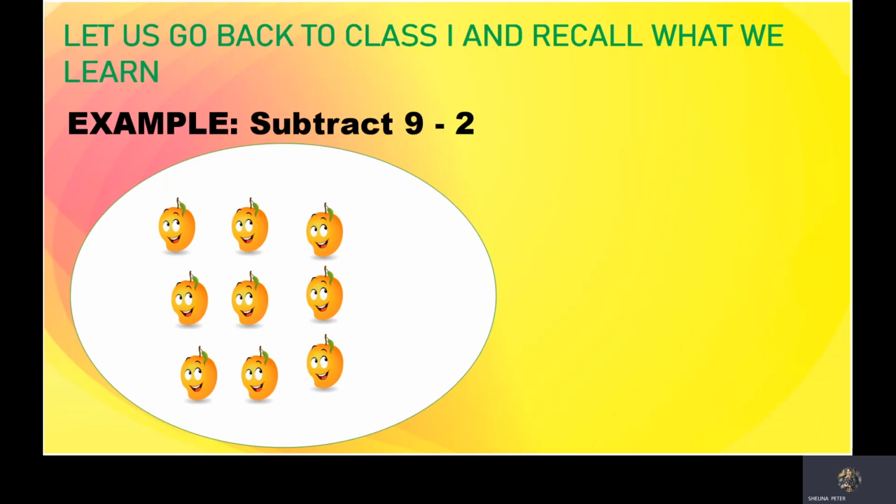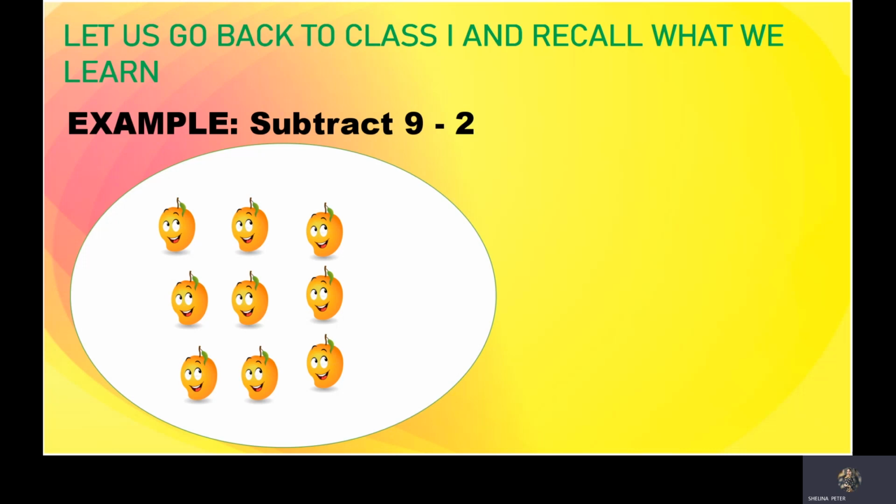Let us go back to class 1 and recall what we learned. So here is an example of subtraction. Subtract 9 minus 2. So as you can see in this circle, how many mangoes are there? Let us count. 1, 2, 3, 4, 5, 6, 7, 8 and 9.